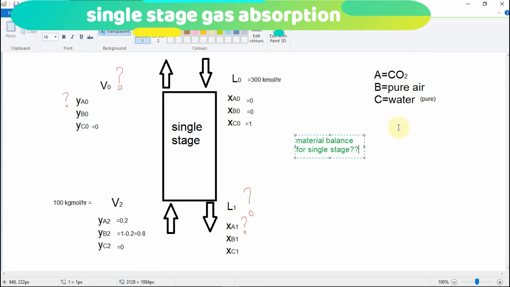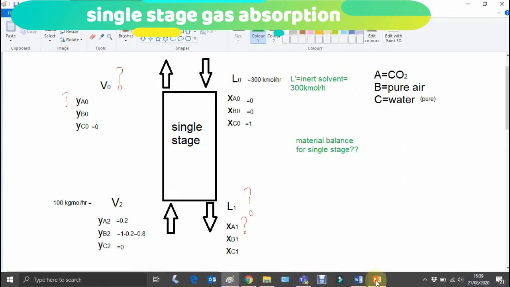So this L naught is also named L prime, the same value as L prime. L prime refers to the inert solvent. So as we have the value for L naught as 300, automatically the L prime value will be 300 kmol per hour.